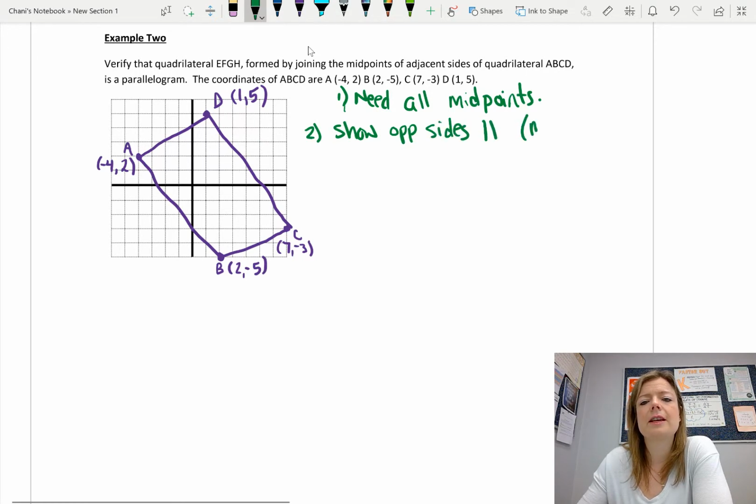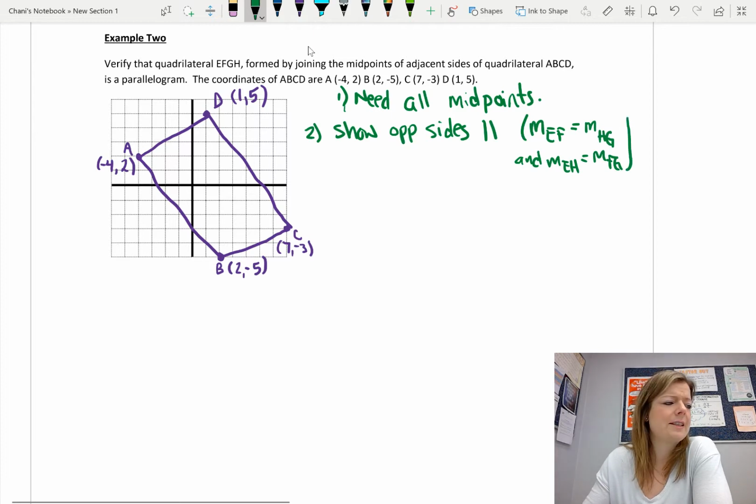In other words, the slope of EF is equal to the slope of HG, and the slope of EH is equal to the slope of FG. Okay, we're going to have to do that.